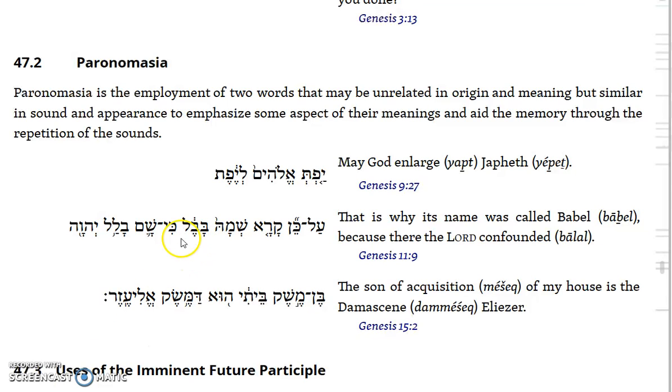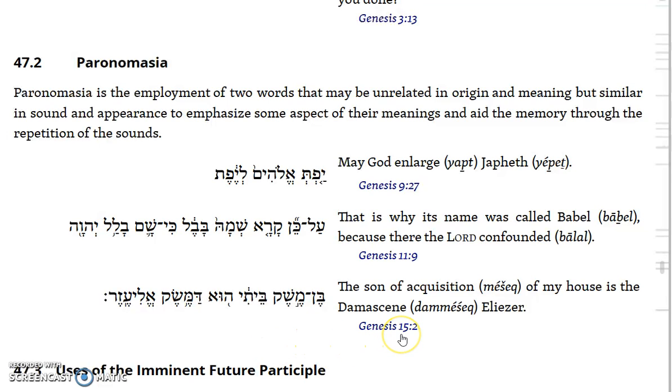Well, Babel kind of sounds like the balal, and it's a wordplay as if Babylon has some etymological meaning with mixing, though in fact Babel in Akkadian means Bab Ilu, gate of the gods, and is not related to confusion at all. But this is a wordplay, something to make it more memorable to the Hebrew reader.